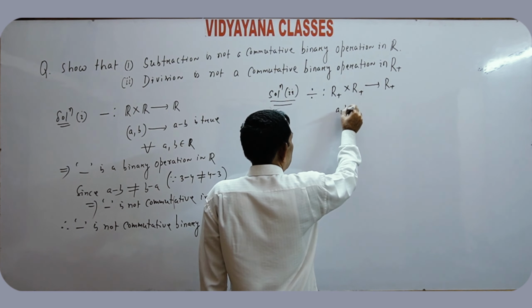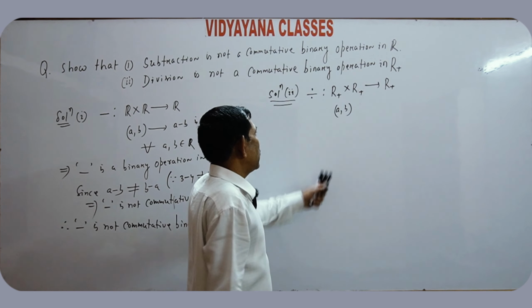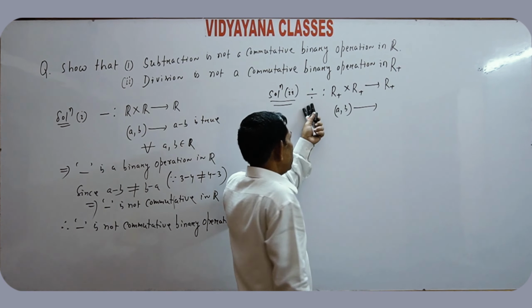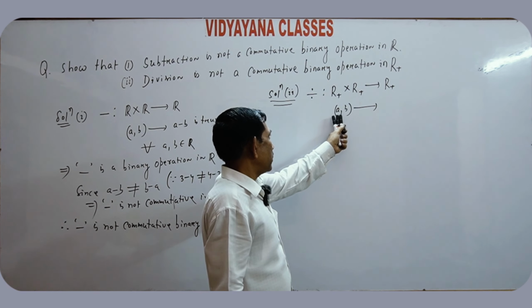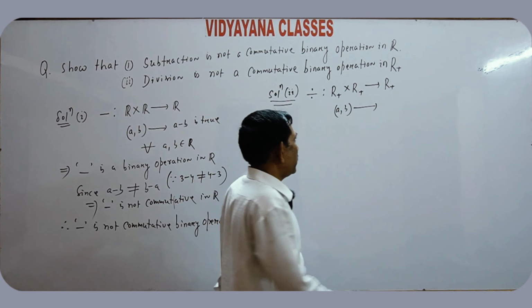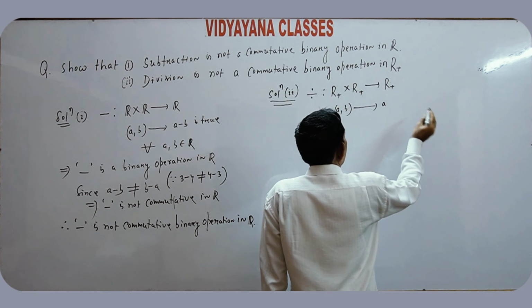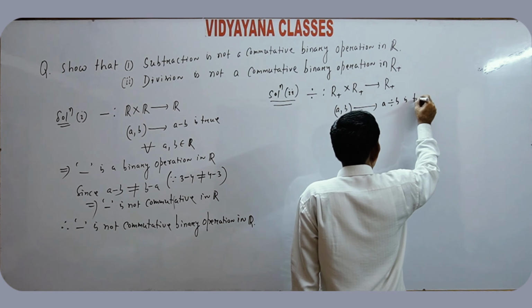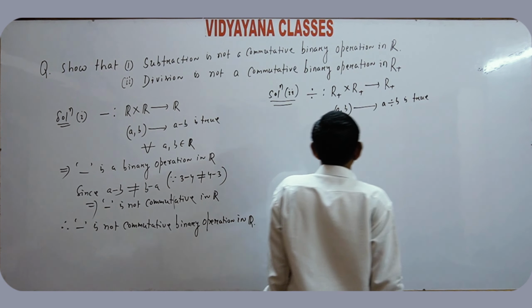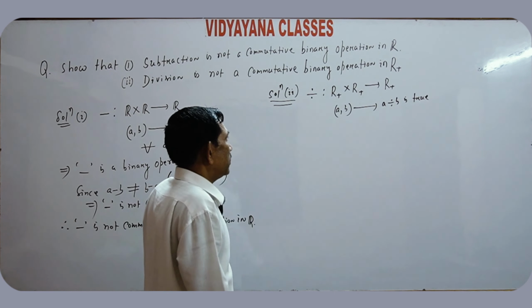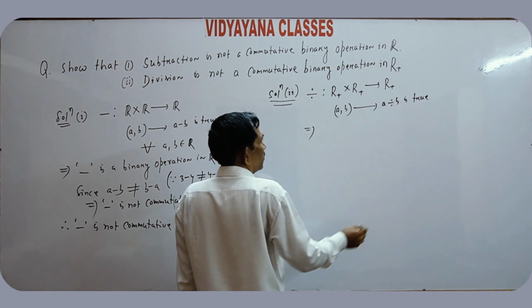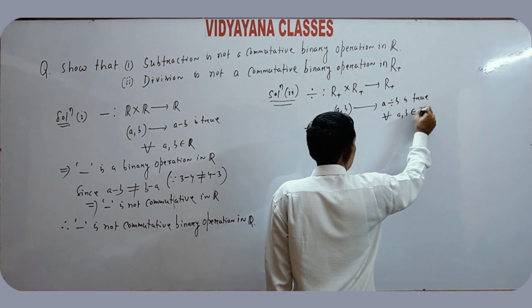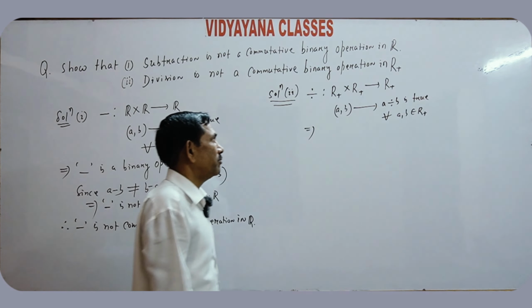An ordered pair (a, b) belongs to R plus cross R plus. Division operates on the ordered pair (a, b) and gives a divided by b. This is true for all a, b belonging to R plus, the set of positive real numbers.